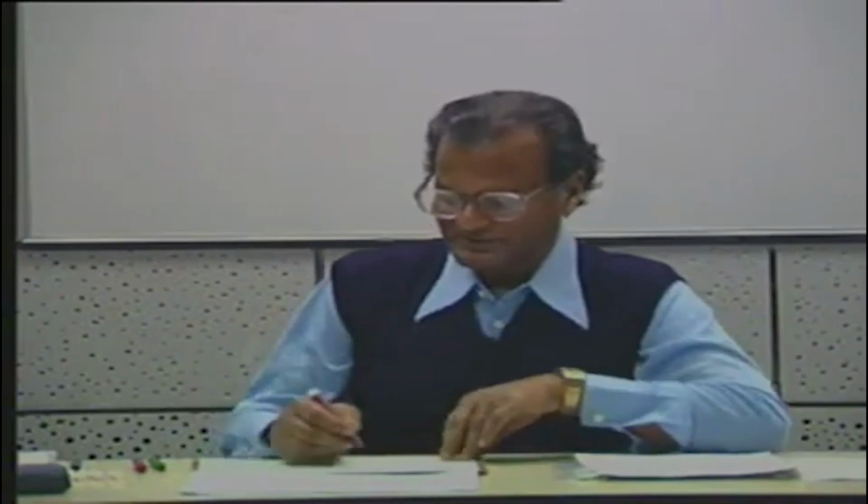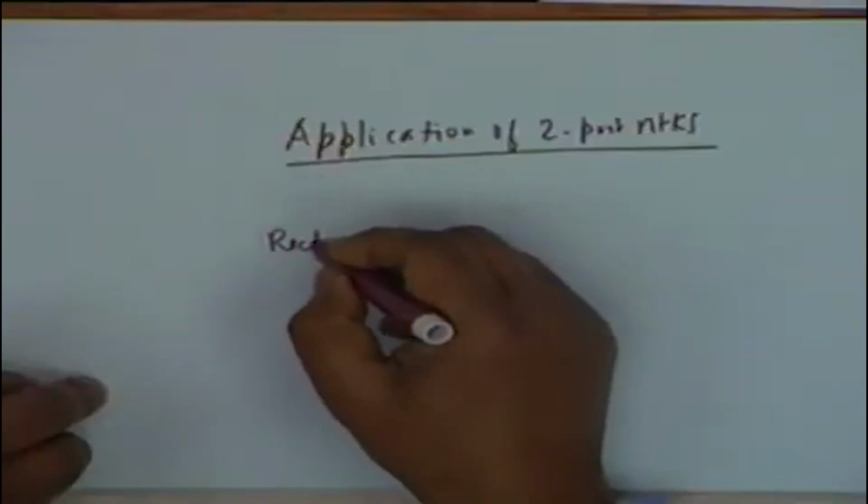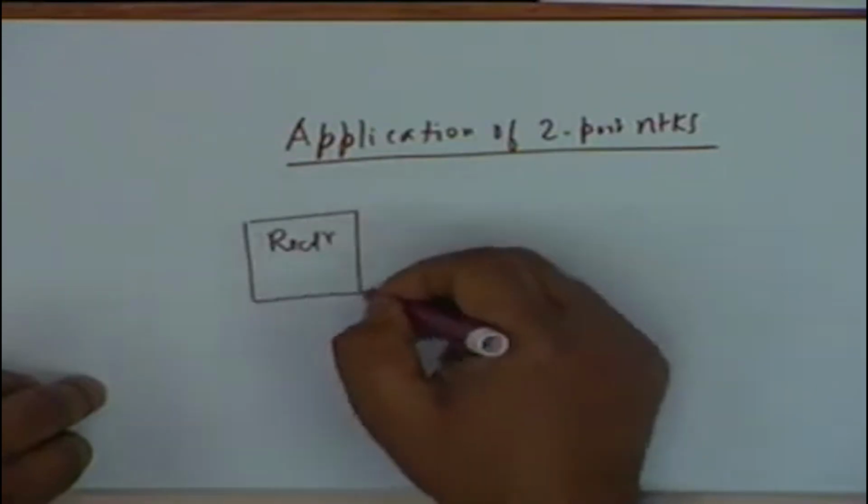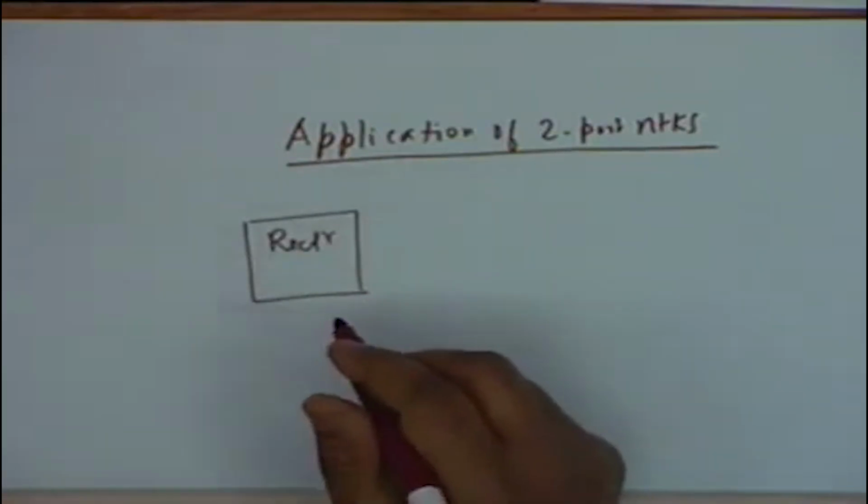Two ports of linear bilateral elements are also used to couple one system to another. So they are used as coupling networks. For example, you have the rectifier. Let us say a full wave rectifier containing a transformer and a bridge rectifier, 4 diodes.